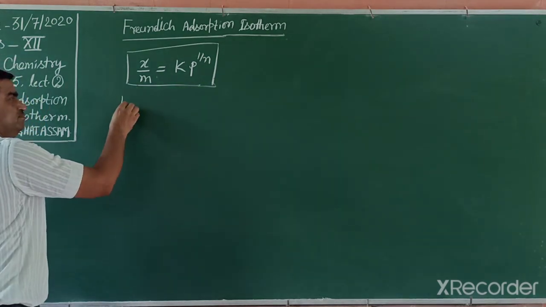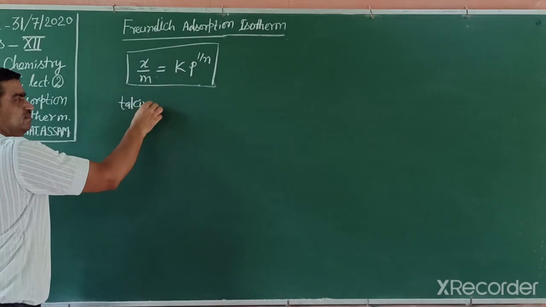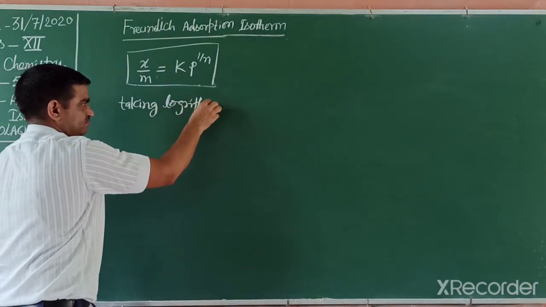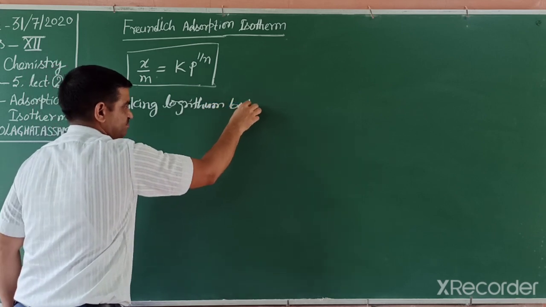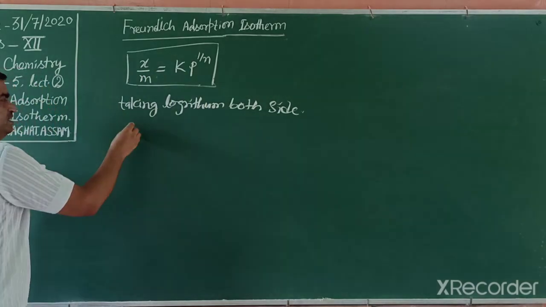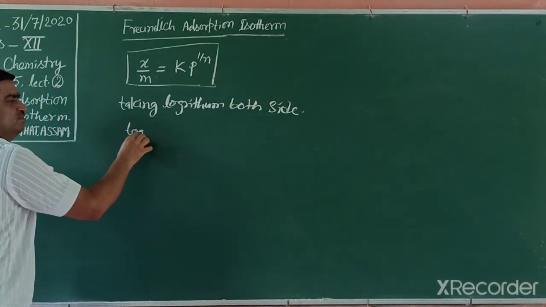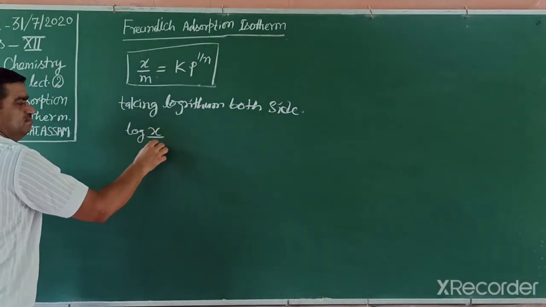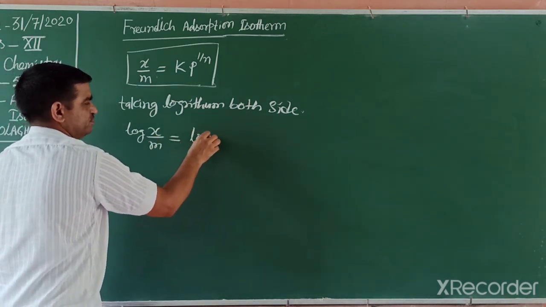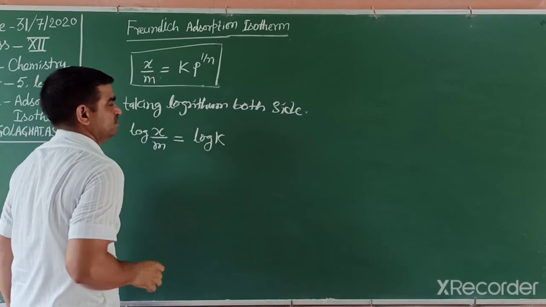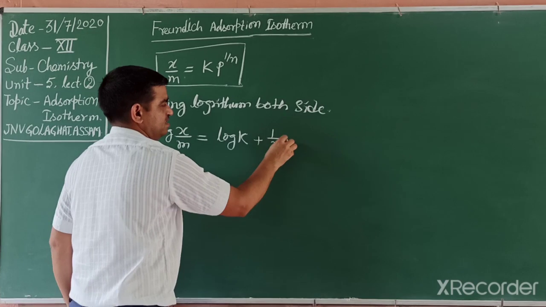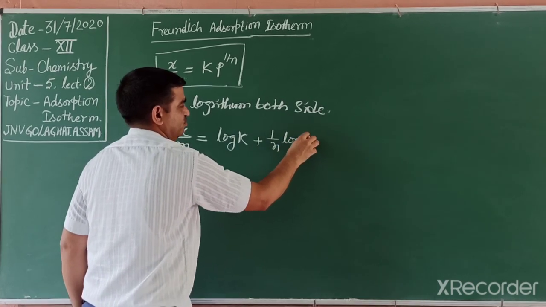Taking logarithm on both sides, we get log x by m is equal to log k plus 1 by n log p.